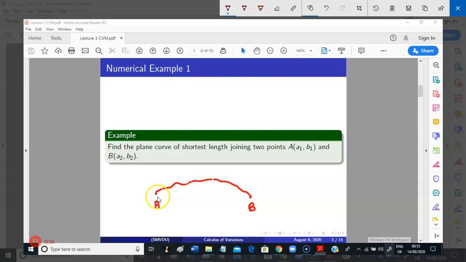A and B can be connected using different paths, but you have to find the path of shortest distance. Obviously, even for a layman, the shortest distance from A to B is traversed by a straight line. But how we obtain this in view of the calculus of variations is the main agenda of this lecture.